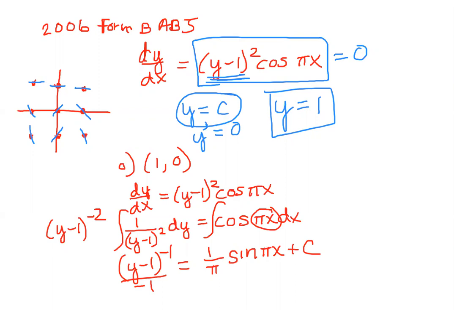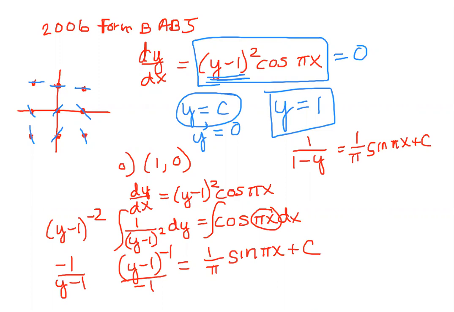So now I need to solve for y. I'm going to make this a little bit more simple, and I'm going to write this as 1 over 1 minus y, okay, because this is -1 over y minus 1. So I'm just going to switch the bottom so it's not negative anymore. And 1 over pi sine of pi x plus c.